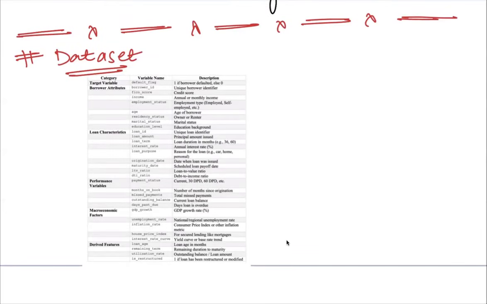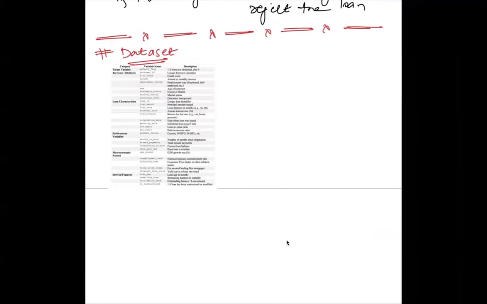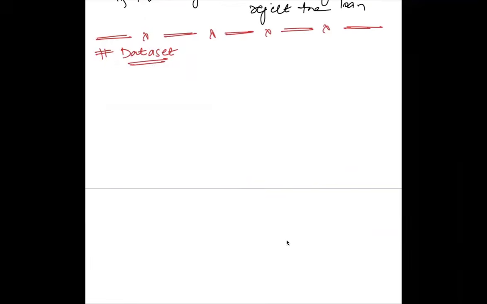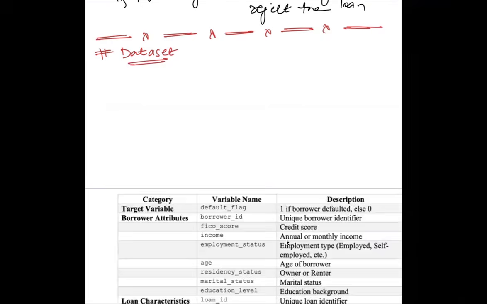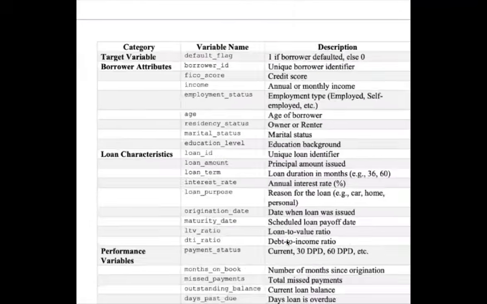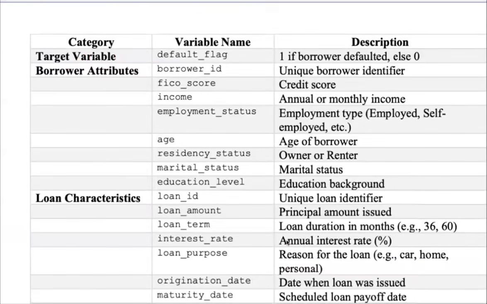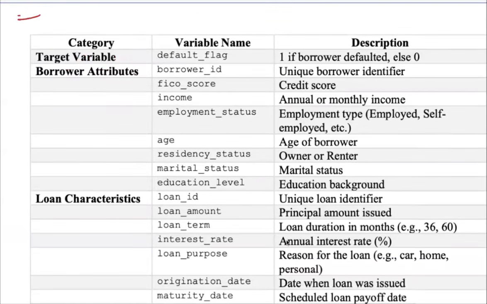Can you see how the data set looks like? Can you read this?